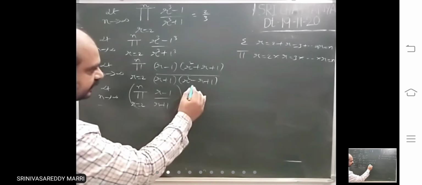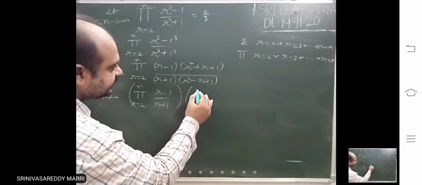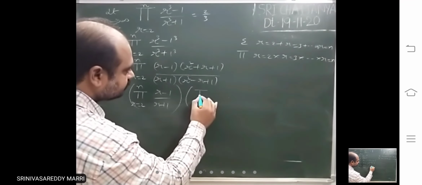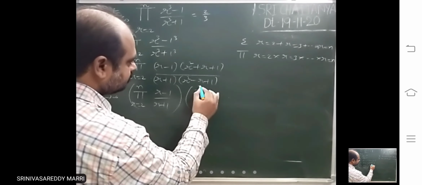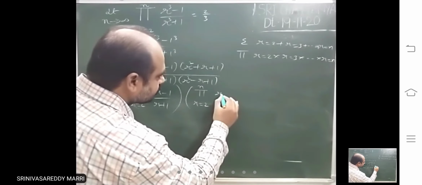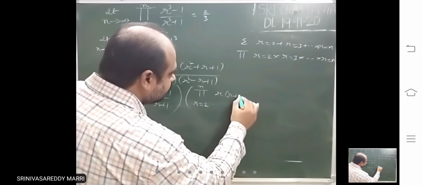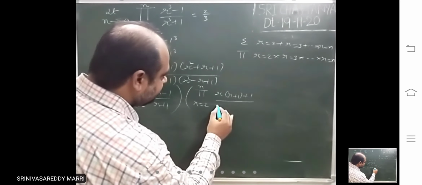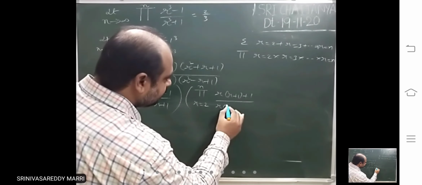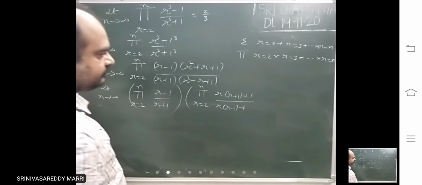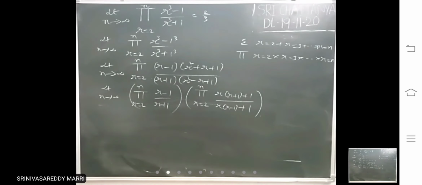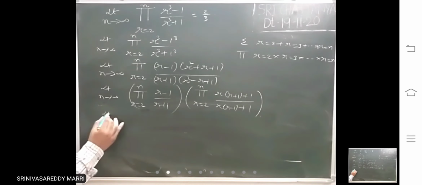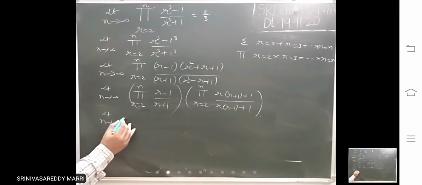This product into this I am writing as another product. r into r plus 1 divided by r plus 1, I am writing as another product. After finding this, you have to apply the limit. Now look at limit n tends to infinity.